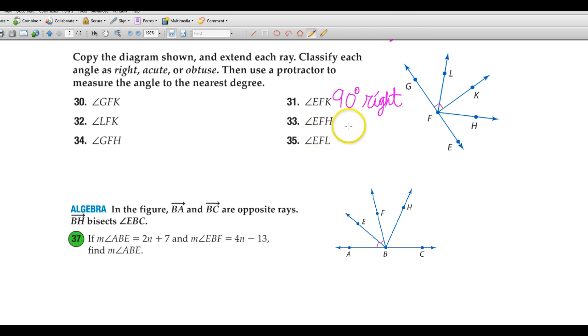Number 33, EFH. So EFH, obviously less than 90, so acute. And it looks like FH is splitting this right angle in half, so half of 90 would be 45.